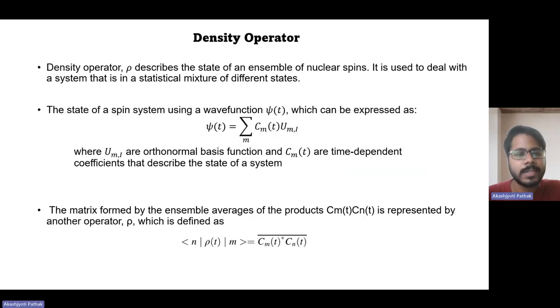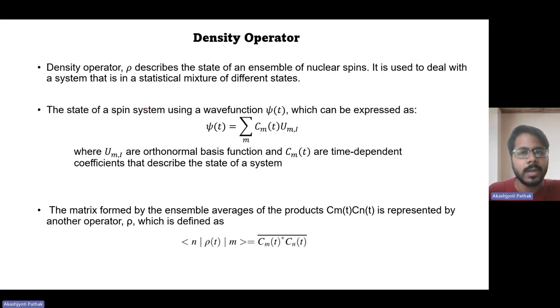So now let's move into what is density operator or density matrix. The density operator rho describes the state of an ensemble of nuclear spins. It is used to deal with a system that is in a statistical mixture of different states.